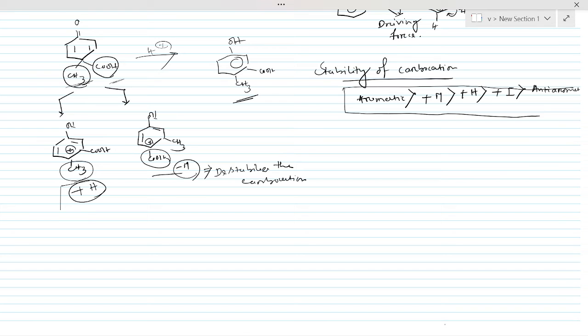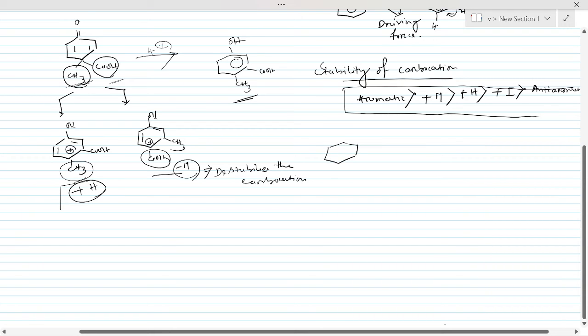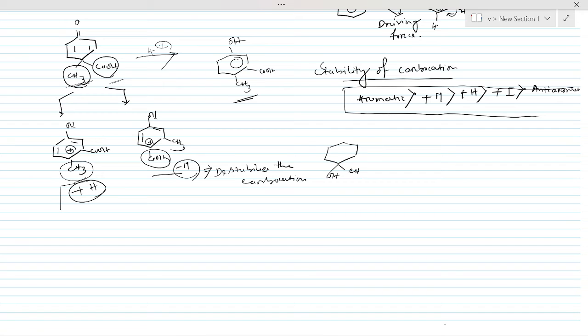So now I'm going to explain one more example. See, here is your OH and methyl, right? And this will be your substrate. So in the presence of H plus, what will be the product? There are two types of possibility as shown in the previous example.